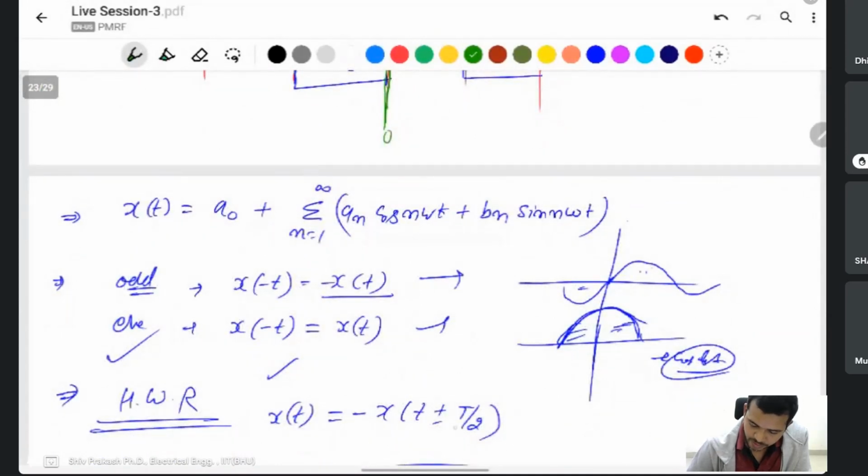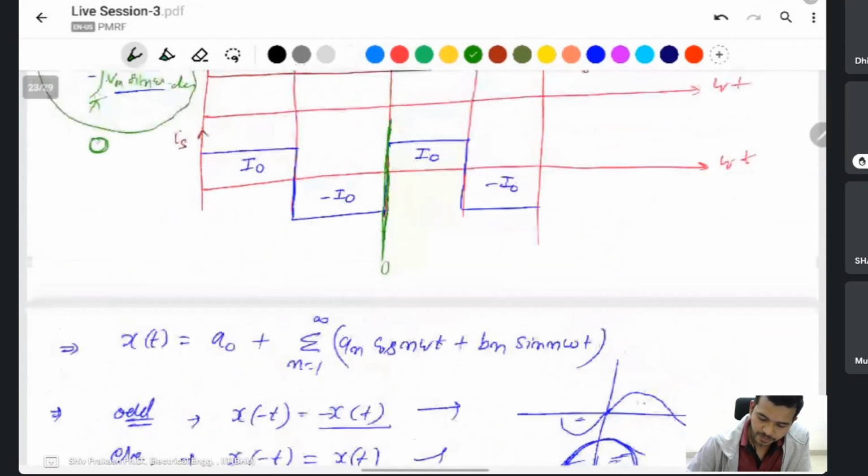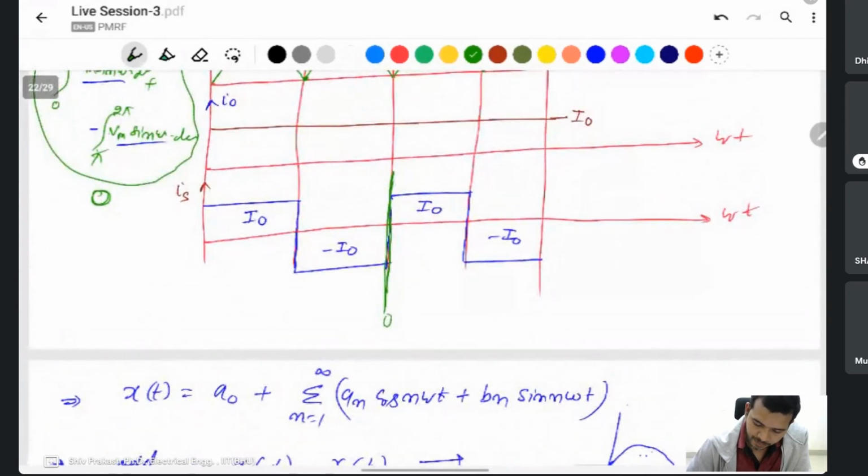Shift the t minus 2 waveform, like t by 2, which means half of the total time period 2 pi. Then t by 2 is pi, and the signal is shifted by pi.